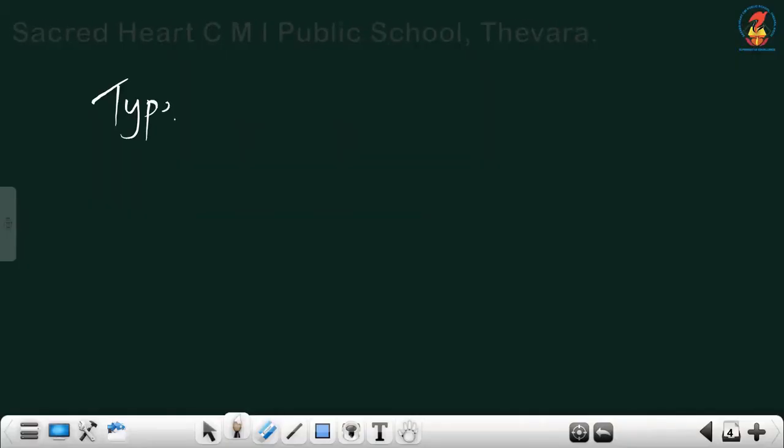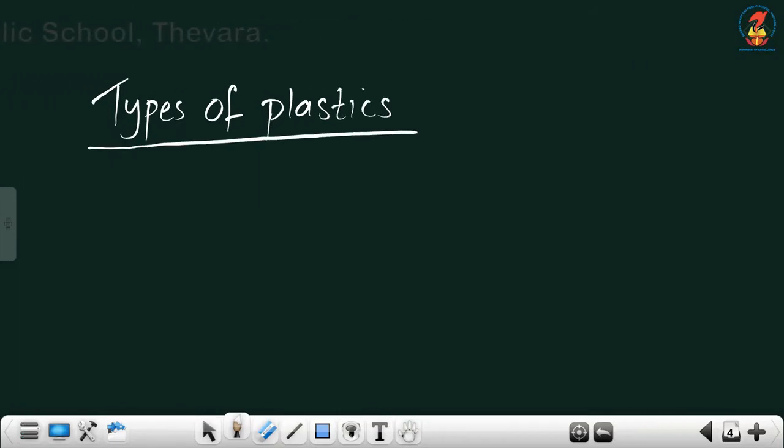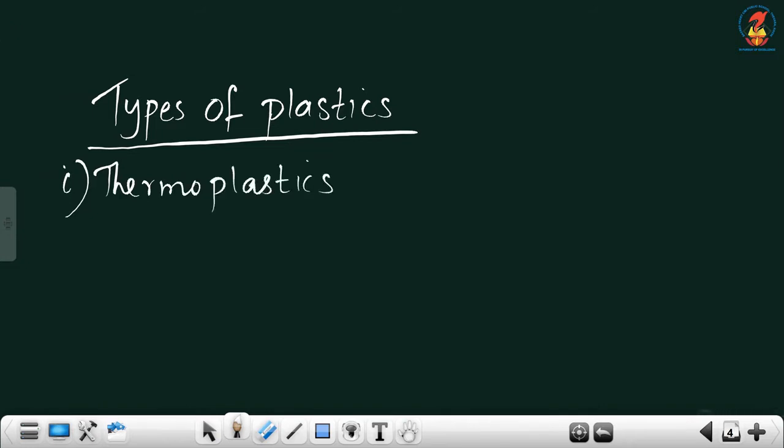Now the next topic is types of plastics. We have to learn about two different types of plastics. The first one is thermoplastics. Thermal energy means heat energy, so it has some connection with heat energy.